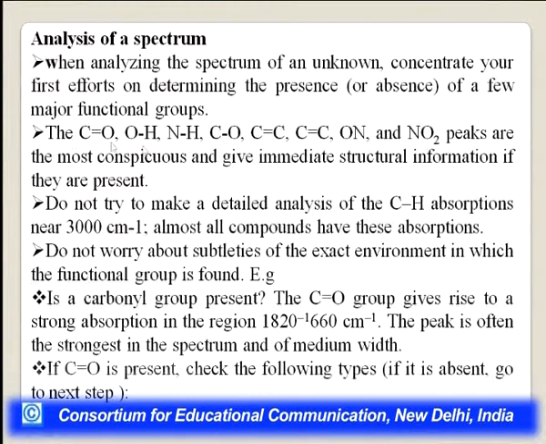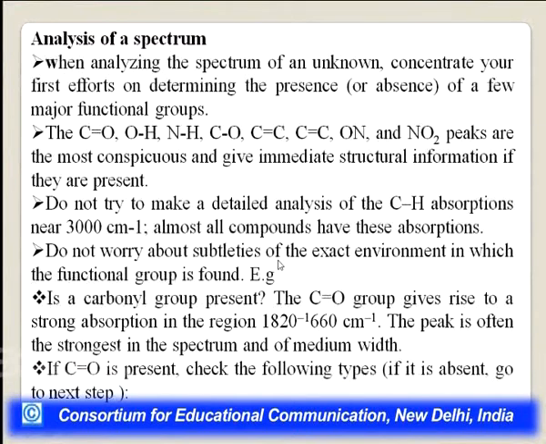That is carbonyl, OH, NH, C single bond O, C double bond C, C triple bond N, NO2. These peaks are the most conspicuous and give immediate structural information, whether they are present or not. Never try to make a detailed analysis of the CH absorption near 3000. Almost all compounds have this absorption, that is why it should not be done.